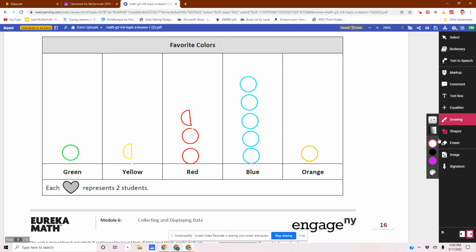So again, I'm just going to use my drawing tool. I'm going to cut this in half. And so I know that it's not 2, it's just going to be 1. Okay? So it's very important that when you are doing things like this, that we follow the key.